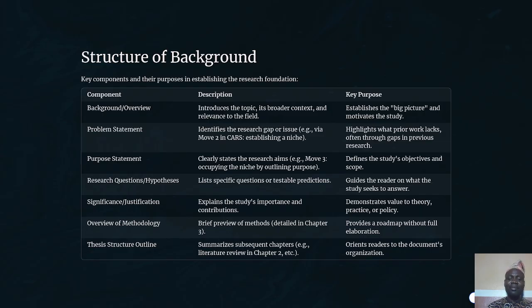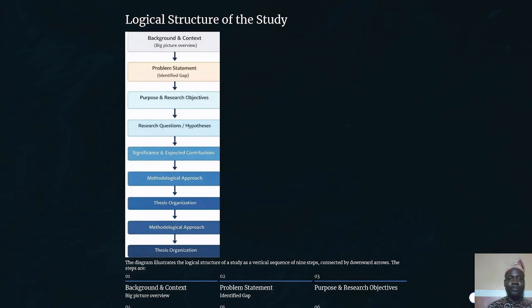But if there is minimal invasion, you are demonstrating the value. Then the overview of the methodology provides a roadmap without full elaboration. We know that you want to test something, you want to survey, and all of those things. So these particular headlines are the structure that is usually provided in the background of the study.